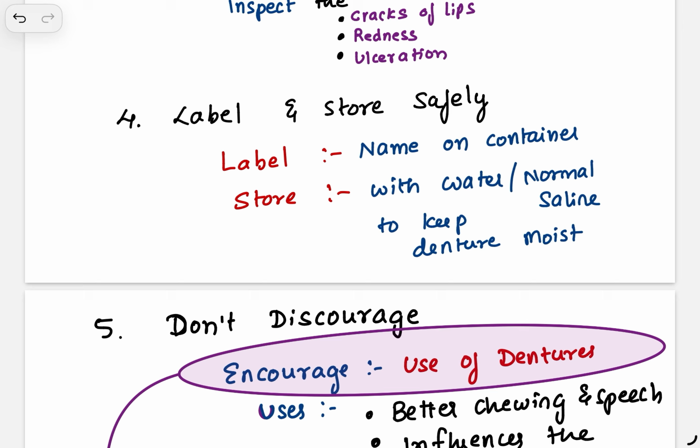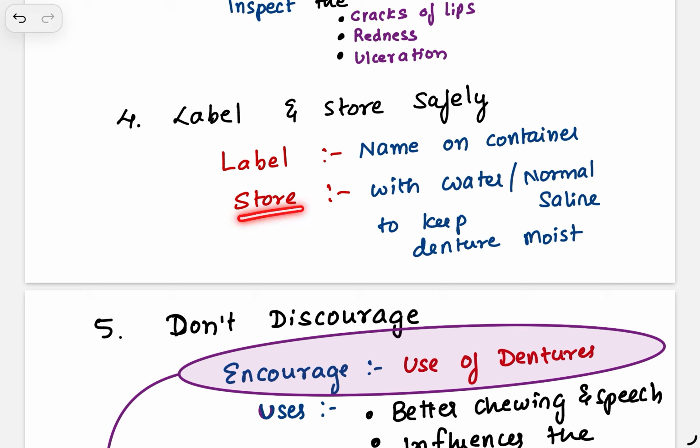Okay, we have taken two patients' dentures now. This patient's dentures have a different size and this patient's have a different size, right? So now we have to label them to know which dentures belong to which patient. Are you understanding? So that's why we need to write the name on the container. Whichever container you are putting the dentures in, you need to label it as Mr. Sharma or Miss Drishya, right?